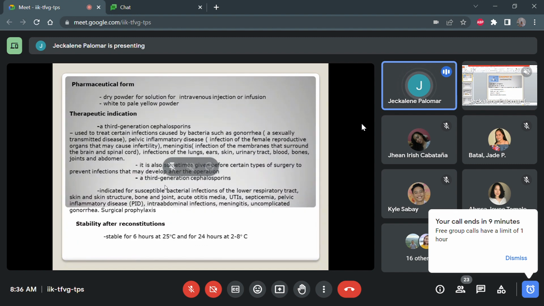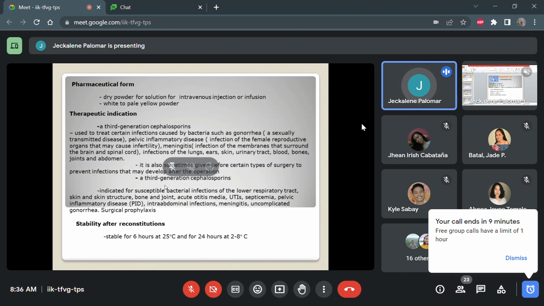So for ceftriaxone, the pharmaceutical form is a dry powder for solution for intravenous injection or infusion. The color of the powder is white to pale yellow. Its therapeutic indication: it belongs to the third generation of cephalosporins.